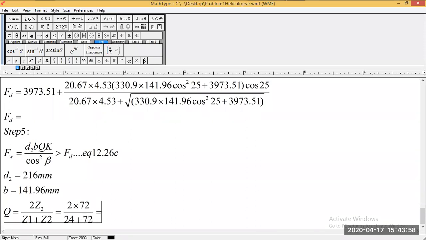Okay, this will give us Q, and K we need to find, beta we know. So let's find this one. Anybody found out FD? You can calculate this entire thing and post it in the group chat. It's 2 into 72 divided by 24 plus 72. This is just 1.5.